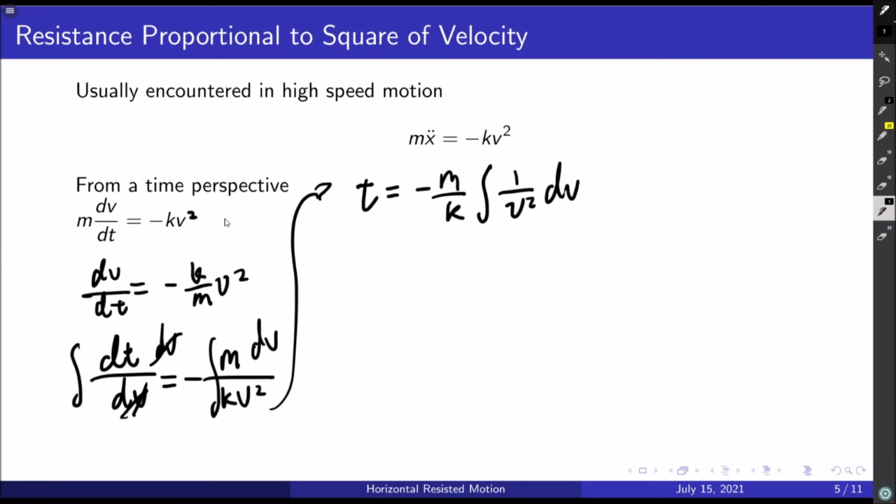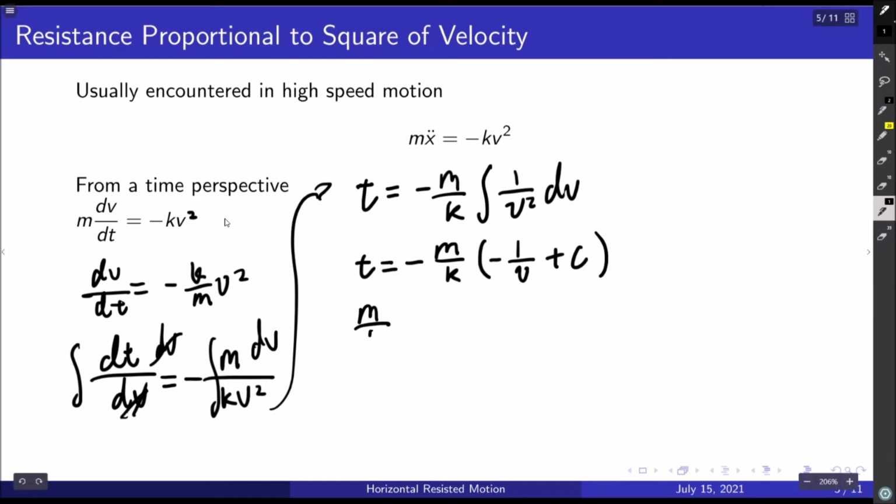For this one we have to use the power rule, so t equals negative m over k times negative 1 over v plus c. Okay. So we multiply both sides by, oh, it cancels out. So m over k t equals 1 over v plus c.